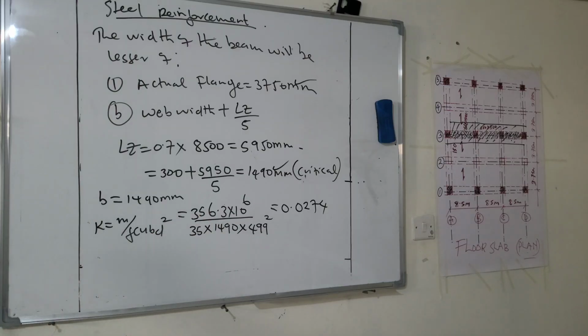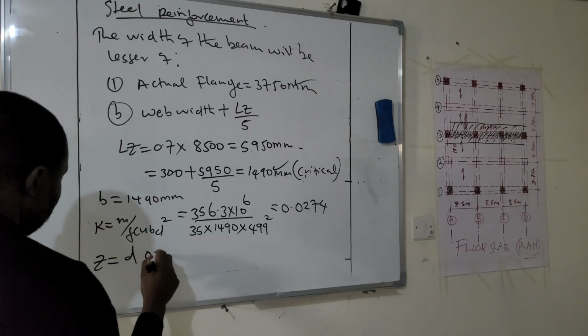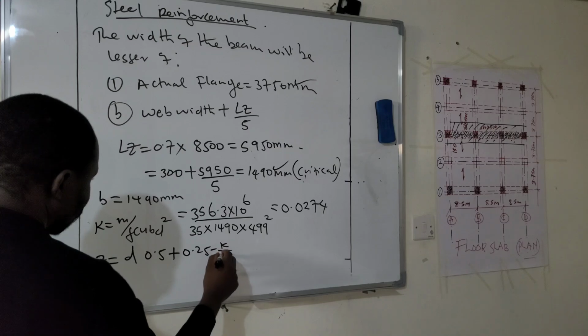This moment, we already have it in our table. You can go back and check it. It is in kilonewton meter. You multiply by 10 to power 6 to change it to Newton millimeter. So we proceed to Z. Z is equal to d times 0.5 plus the square root of 0.25 minus K over 0.9.